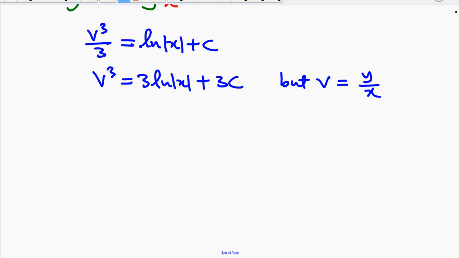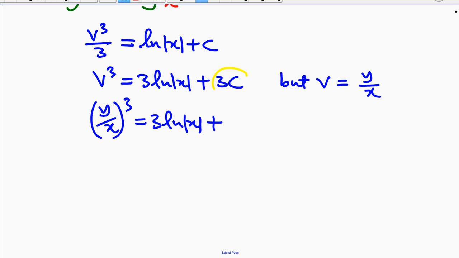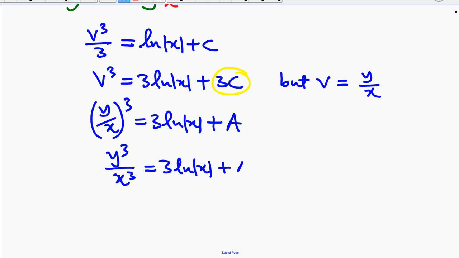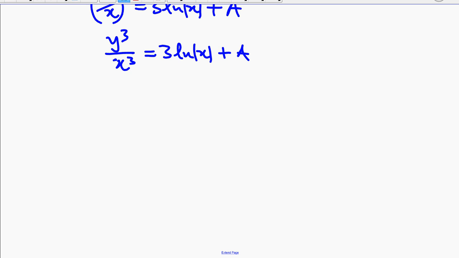So we can go ahead and say (y over x) cubed is equal to 3 ln absolute value of x plus, I'm going to combine these two to give me another constant a, because it's just a constant. So you end up with y cubed over x cubed is equal to 3 ln absolute value of x plus a.